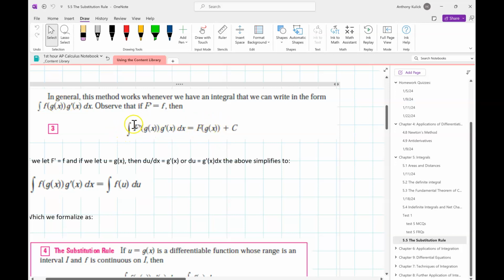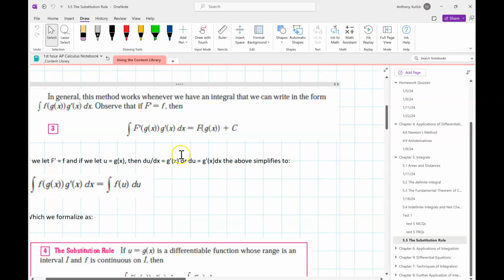If I have the derivative of g of x times the derivative of g, that should just be the antiderivative of f composed with g. Just the reverse of a chain rule, right? If I look at this, this looks like the chain rule output. So the integral should just be the starting conditions for that chain rule. Everybody's okay with that idea?